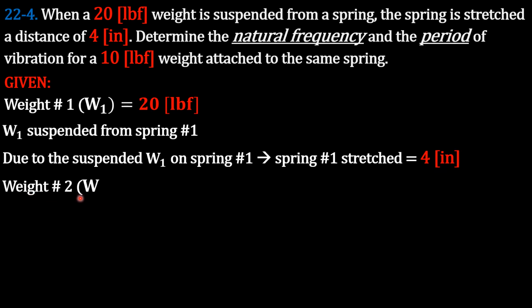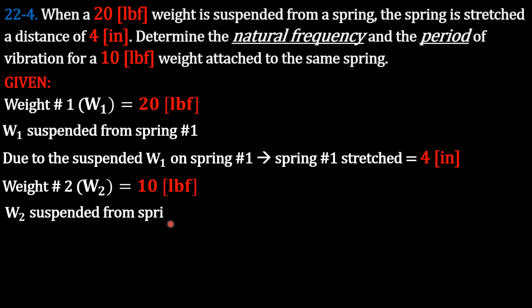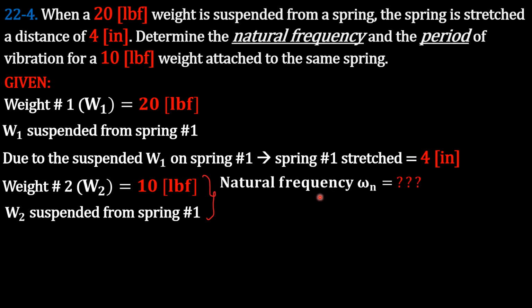Now weight number 2, W sub 2, equal to 10-pound force. The weight 2 is suspended from spring number 1. In this situation, we want to know the natural frequency and we want to find the period, the time it takes to complete one cycle.